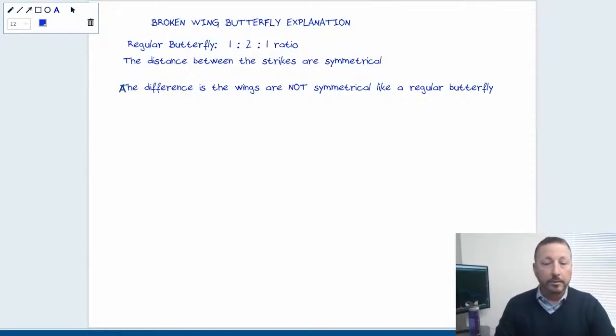Again, could be bullish, could be bearish, but by skewing the strikes and having a long spread that is wider than the short spread, it gives us more delta or more direction. So let's take a look here.